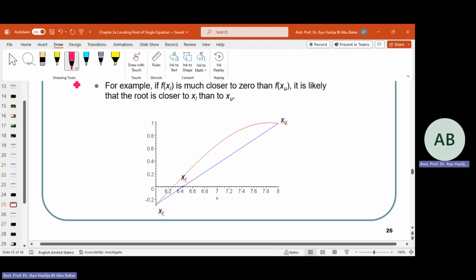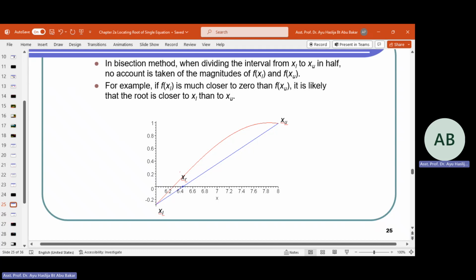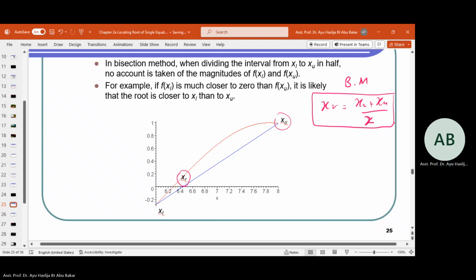Okay, last time in bisection, to find the XR, we use this equation. Sorry, this one is the bisection method, where the XR is cut half between XL and XU.